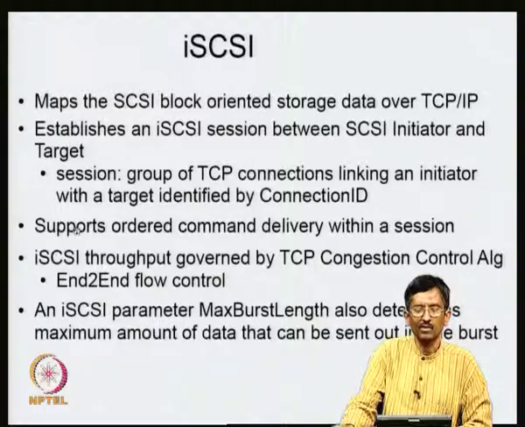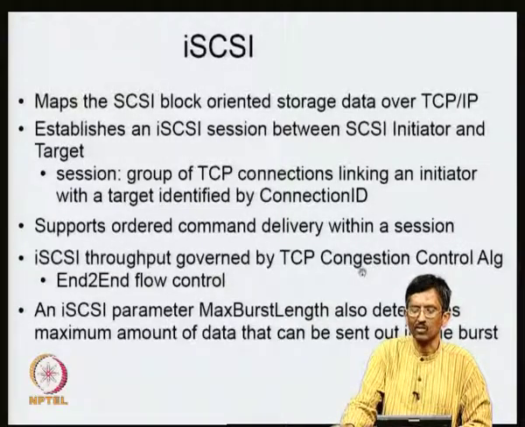Now, because SCSI requires ordered command delivery, iSCSI has been specifically designed with sequence numbers so that you can support ordered command delivery within a session. Since iSCSI uses TCP/IP, the throughput of iSCSI is going to be determined by what TCP can provide, and typically there is something called the TCP congestion control algorithm, which we will discuss soon, that basically governs how much throughput you get in iSCSI.